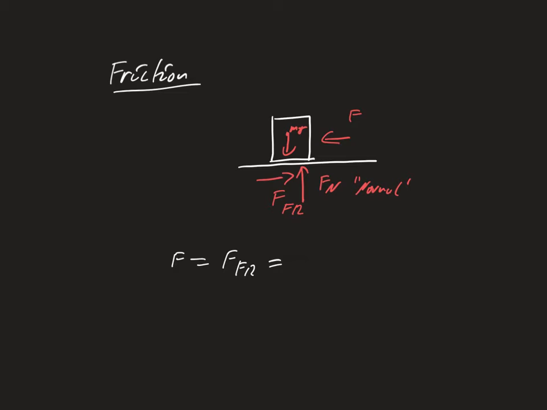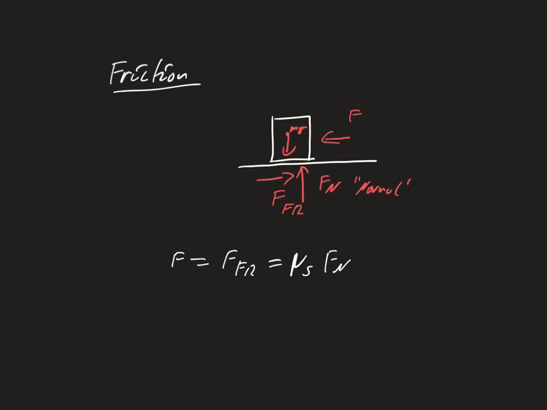But we can also express this friction force by our normal force and some coefficient. So, some coefficient called mu s for static, times our normal force will be the same as our friction force. And this here tells us that friction is only dependent on the weight.